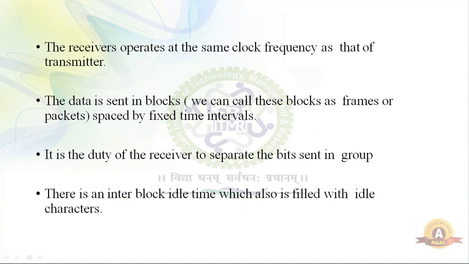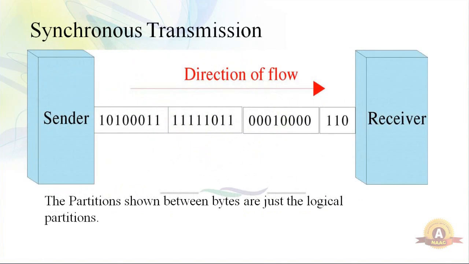Now we discuss the diagram of the synchronous transmission. So in this synchronous transmission there is the sender and there is the receiver, and this is the direction of flow. Whatever the data is sent, the sender sends the data byte wise. So here 8-bit data is sent serially, and it is the duty of the receiver to separate out that byte at the receiving end.